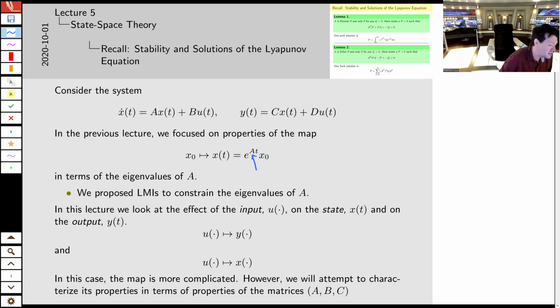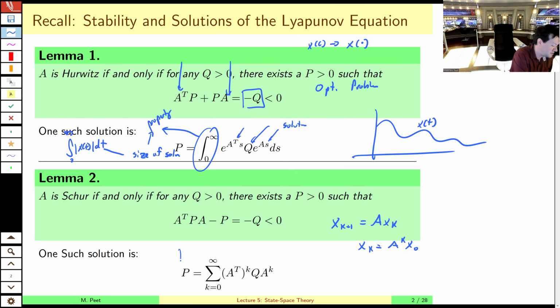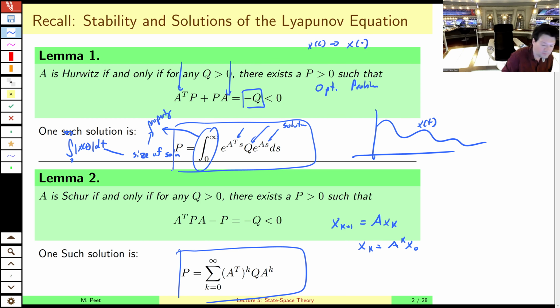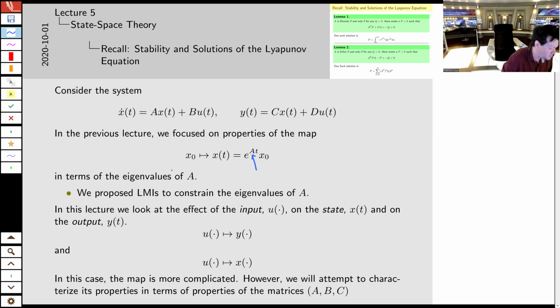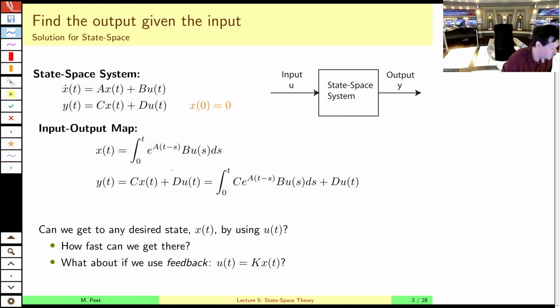We didn't actually derive them for the Chilali and Gahinet result and the other result, but you can get the picture. It's some variation of these two Lyapunov functions that gives us those eigenvalue properties.